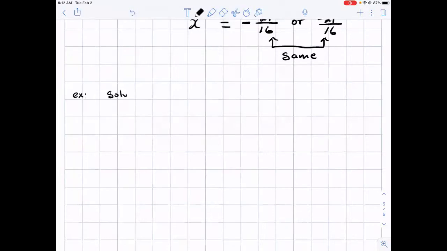Examples. Solve. And now I have 5 times x plus 2 minus 4 times x plus 1 is equal to 3. Okay. So, I mean, you know the rules from algebra. You've heard of PEMDAS.